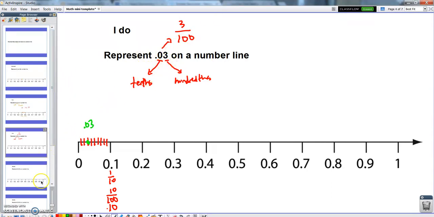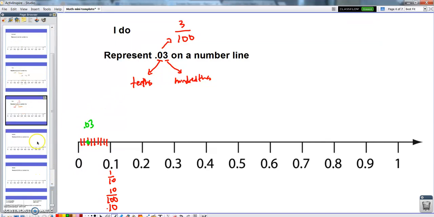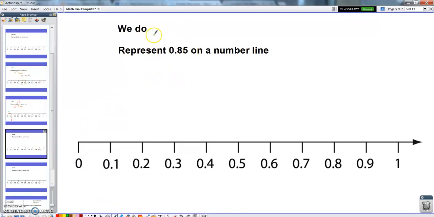All right, let's do 2 together. We'll do one like that, and we'll do one that has tenths in it as well. So we're going to do this one, 85 hundredths on a number line. You're going to need to draw your number line from 0 to 1. If you need to pause to do that, go ahead. I'm going to analyze this as the tenths place has 8, and the hundredths place has 5.